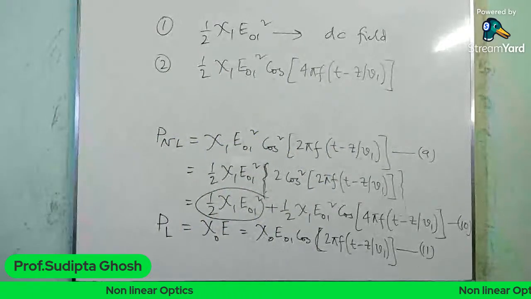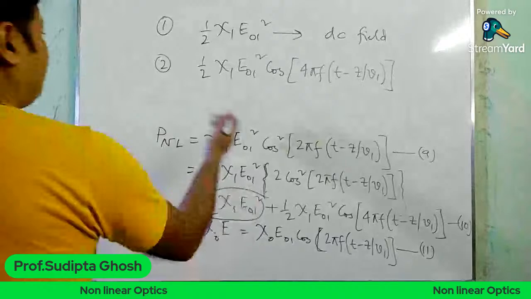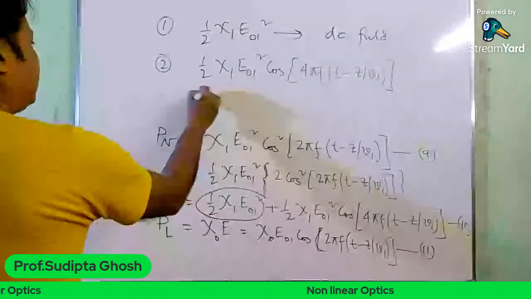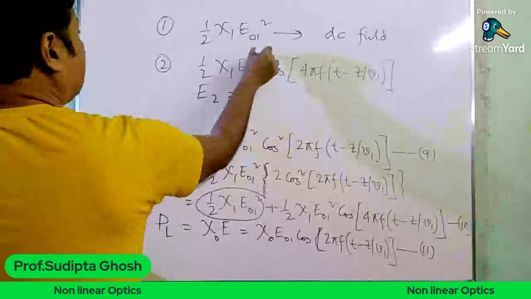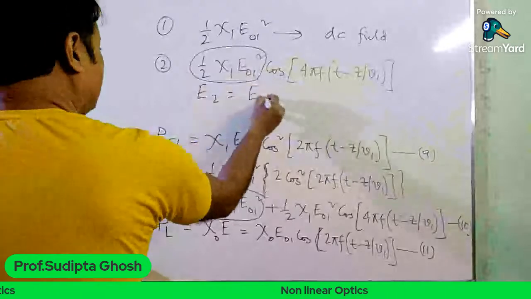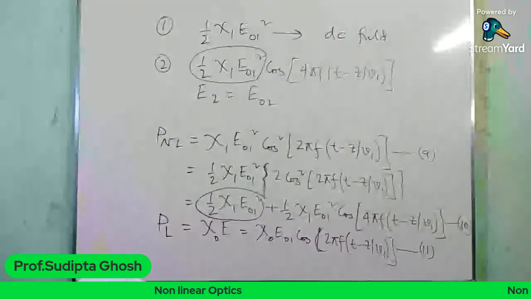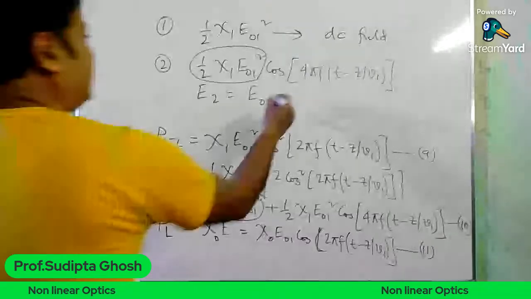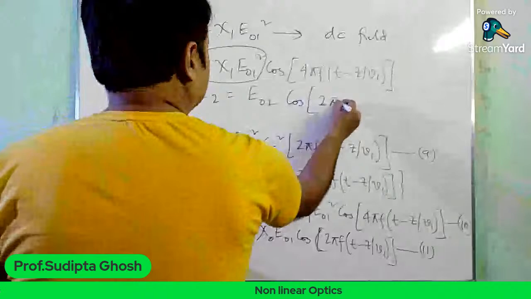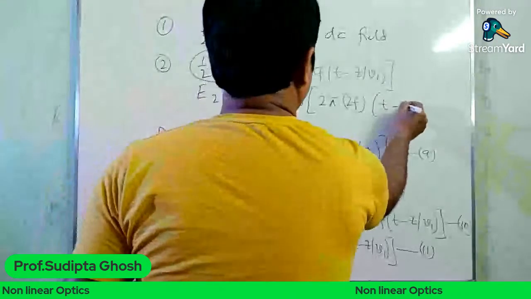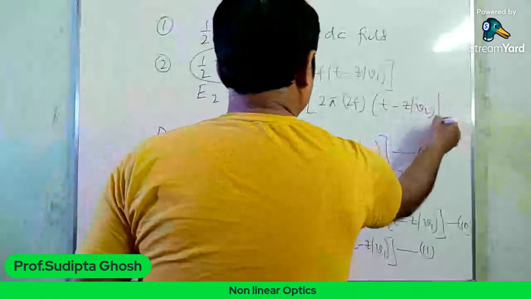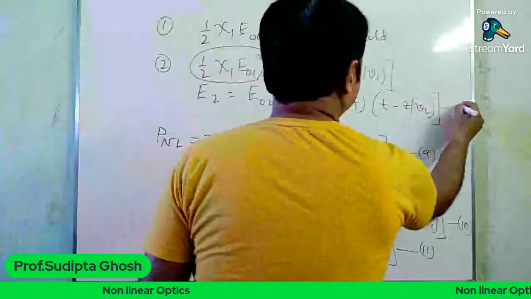As you can find, this can be written as a secondary light wave if we express it as E2 equals, now if we replace half chi1 E01 square by E02, the amplitude, it can be written as E02 cos 2 pi into 2f, that makes 4 pi f, and then t minus z by v2, and let it be equation number 12.